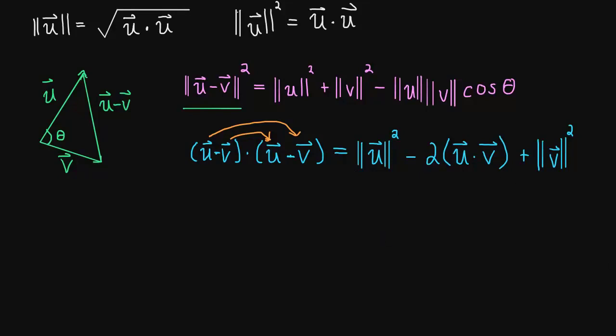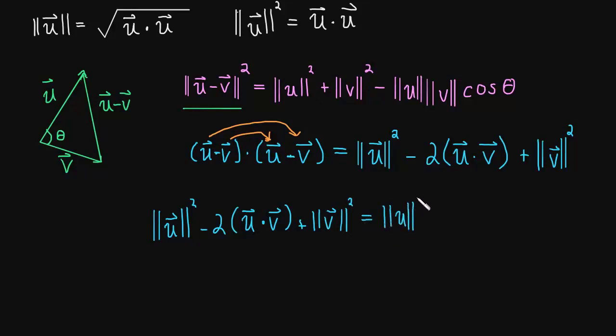So why don't we substitute that into the law of cosines, essentially, what we have. So this is the length of u squared, minus 2 u dot v, plus the length of v squared, is equal to the length of u squared.